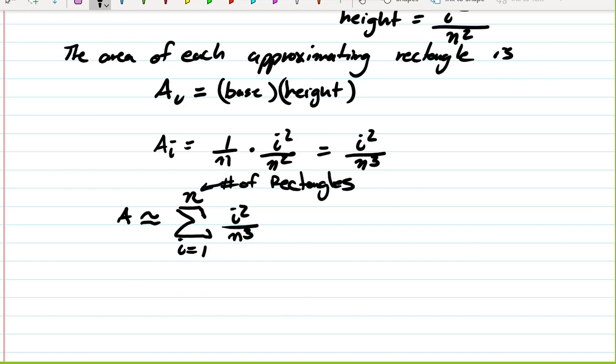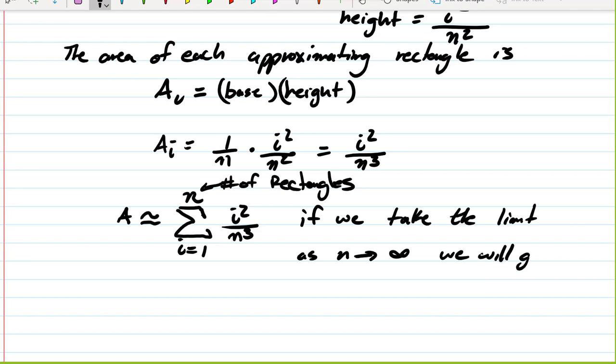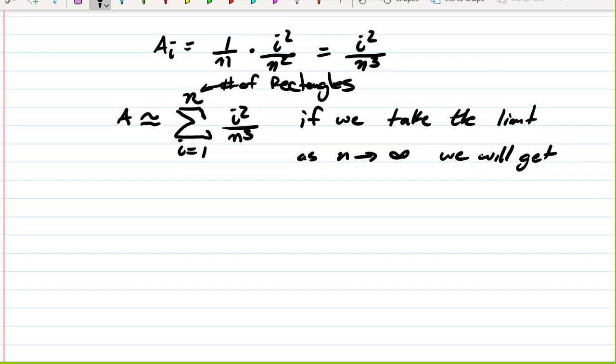And that gives us an approximation of the area. So if we take the limit as n goes to infinity, we will get the exact area.